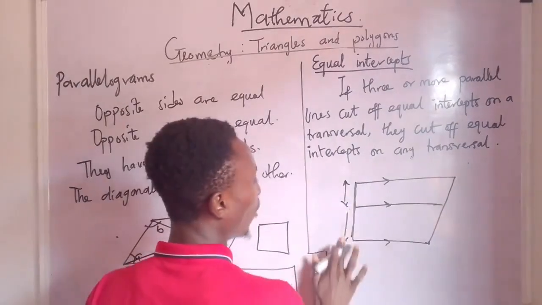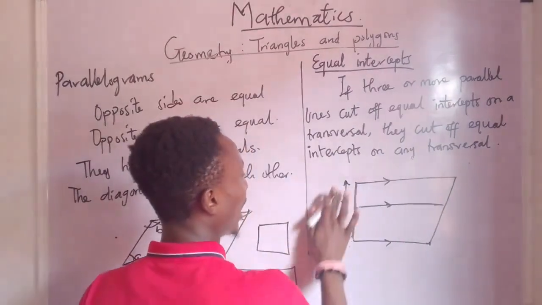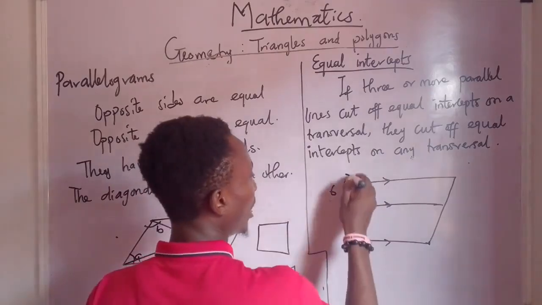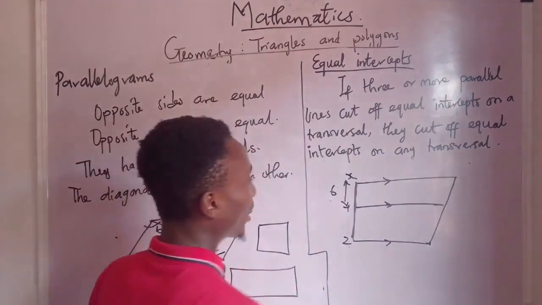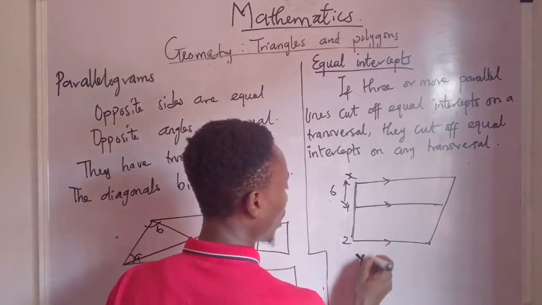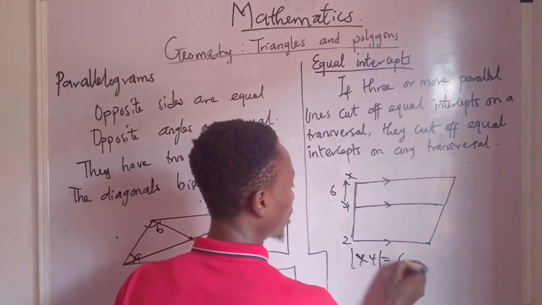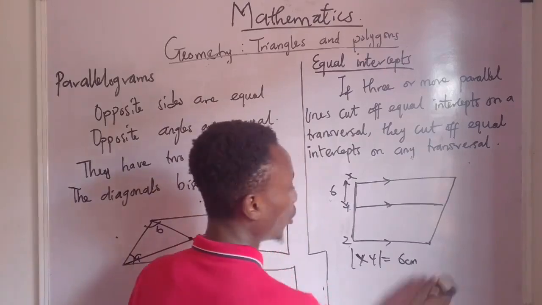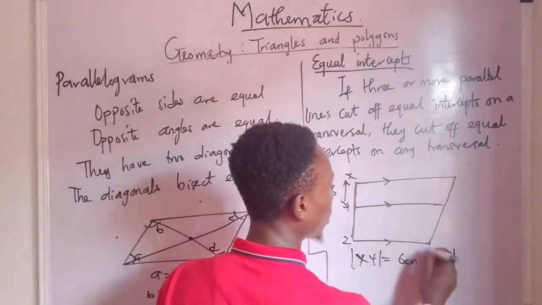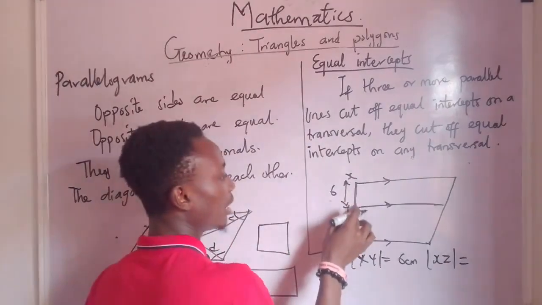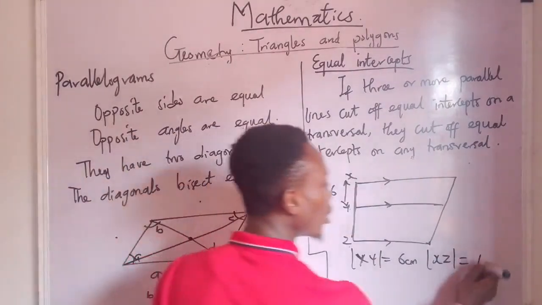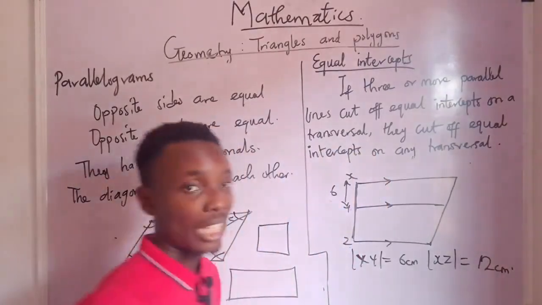So if they give you from here to here, for example, as 6, let's say x, y, z, and they give you x, y to be 6 centimeter, and say you are to find x, z. This is 6, this is 6. So from here to here will be 12 centimeter. It's that simple.